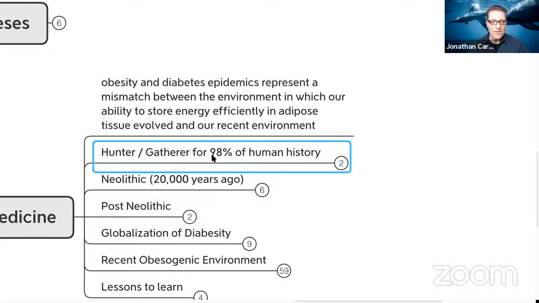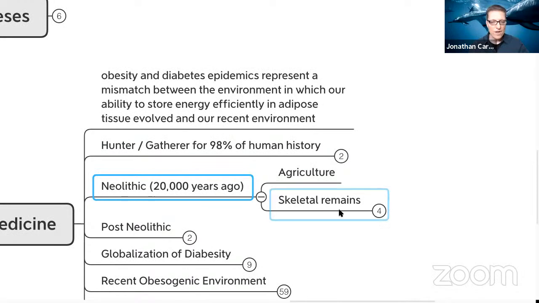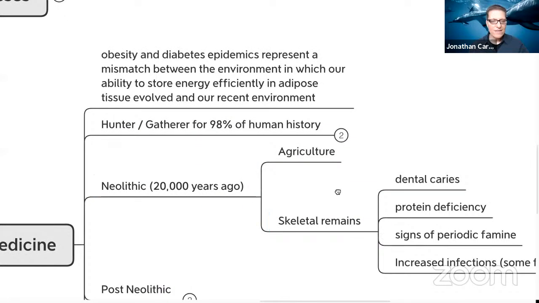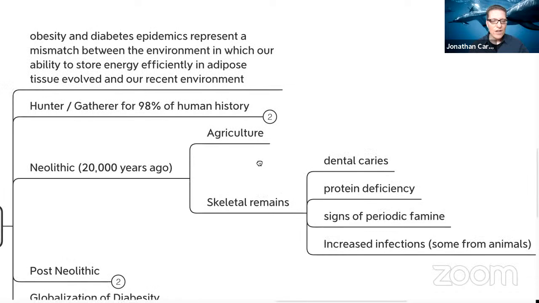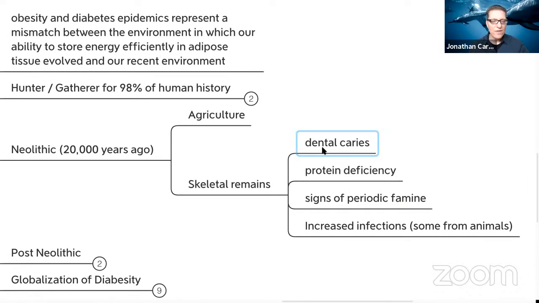Then the Neolithic, so this is the Paleolithic, and then the Neolithic period started, which was 20,000 years ago, and that's when agriculture started. When you look at the skeletal remains, because of the increase in grains, you see dental cavities, you see some protein deficiency.